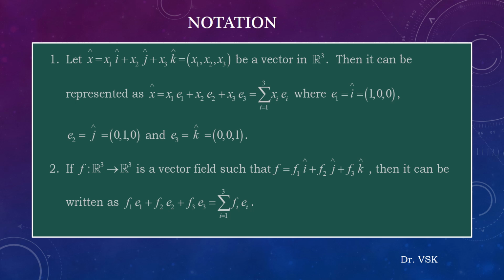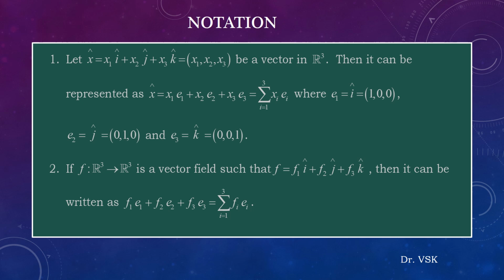Here e1 equals i cap and i cap equals the triplet 1, 0, 0, which is the unit vector in the direction of the positive x-axis. e2 equals j cap equals 0, 1, 0 and j cap is the unit vector in the direction of the positive y-axis.